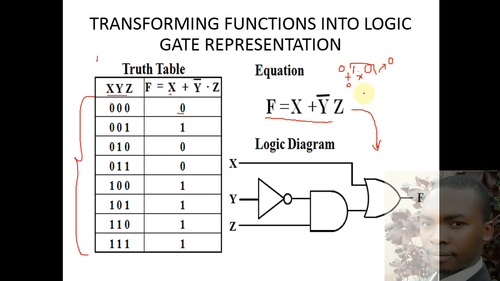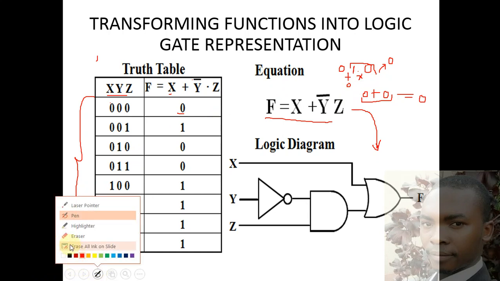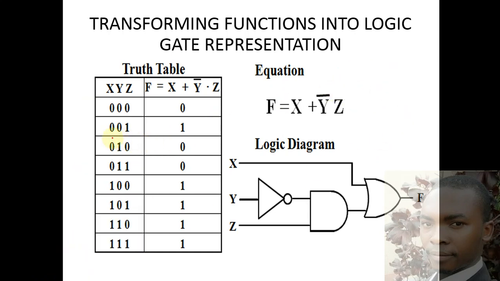So you come up with 0 and then OR a 0. So for the OR, if this is 0 and this is 0, the outcome is 0, which is what is there, okay?